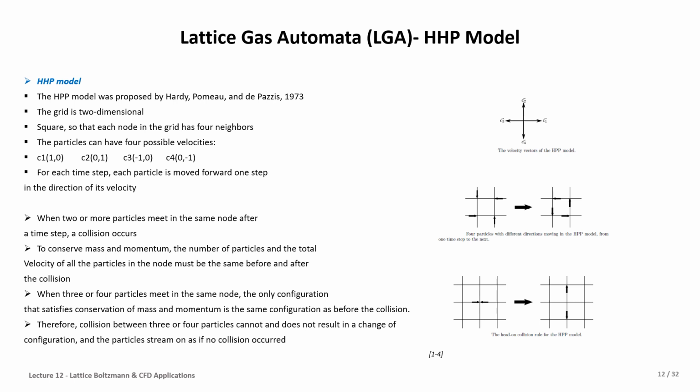Thus, a collision between three or four particles does not change their configuration, and the particles stay as if no collision occurred. So when we have a collision between three or four, it's the same as no collision.